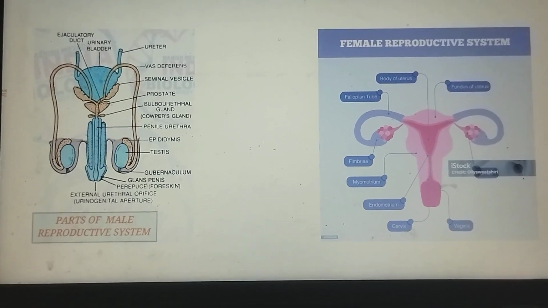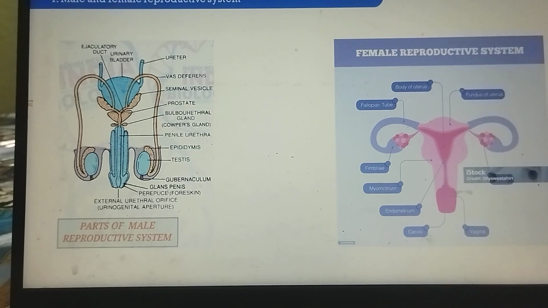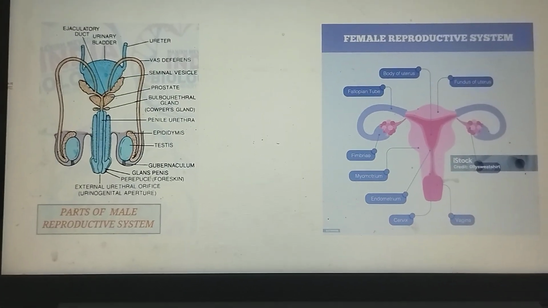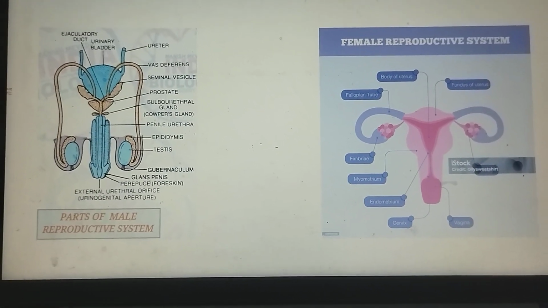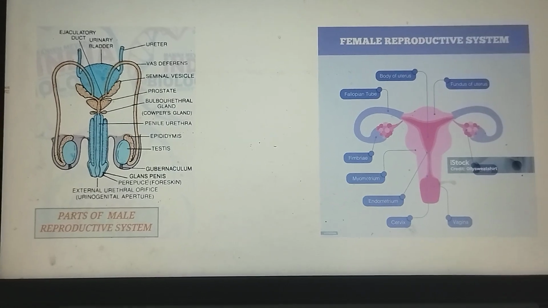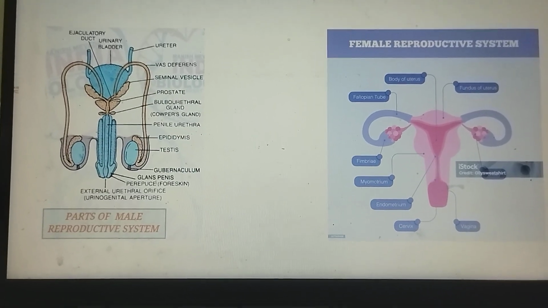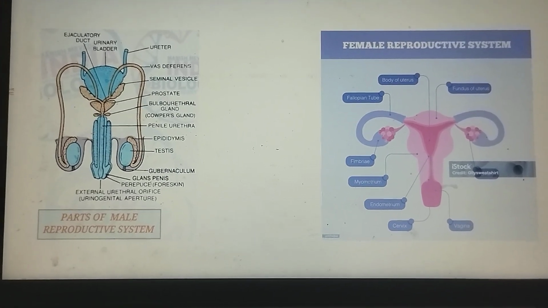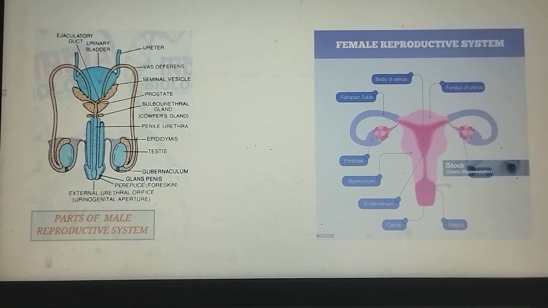Coming to the lower parts: gubernaculum, glans penis, prepuce or foreskin, external urinary orifice. So these are the parts of the male reproductive system.